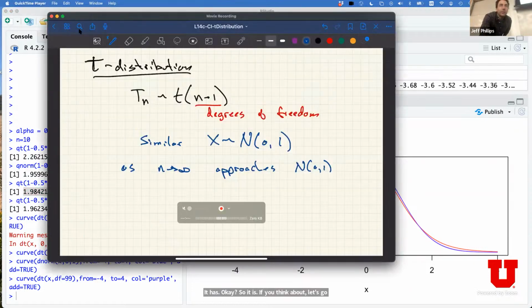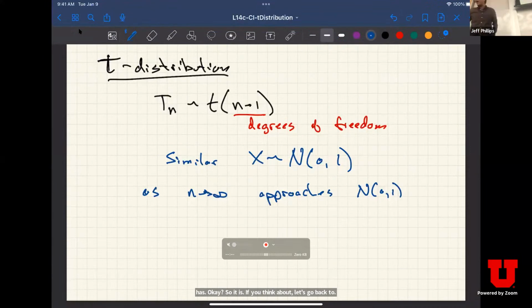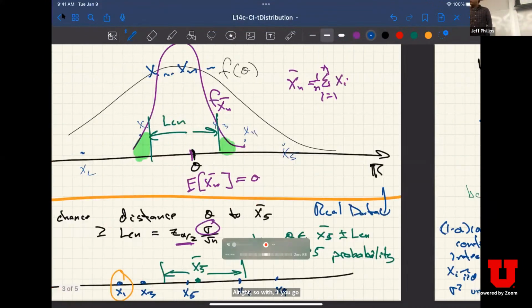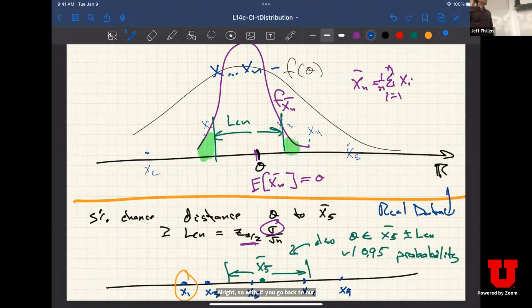Let's go back to our picture here. With the data, remember the actual data is on the bottom. We don't know where theta is. We have an estimator, X5 bar, which is our guess of where the parameter is.